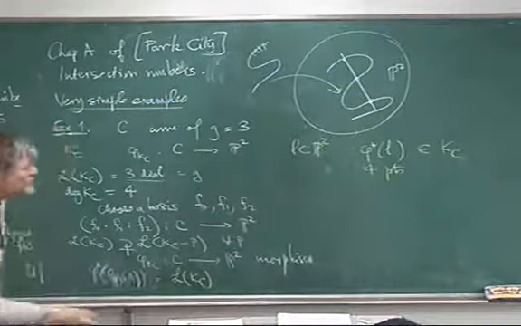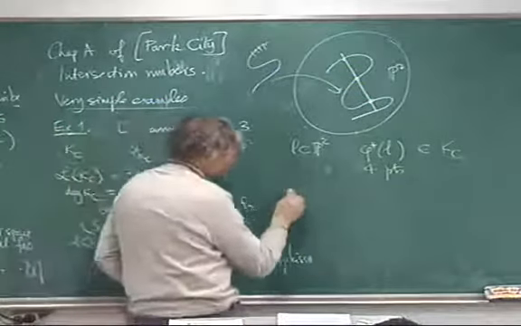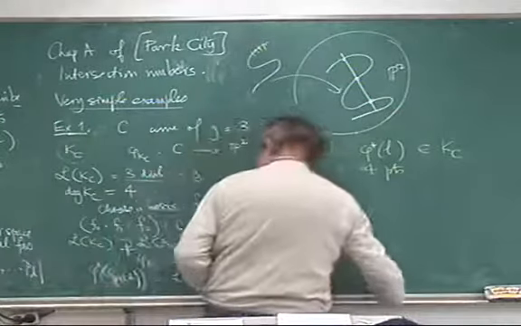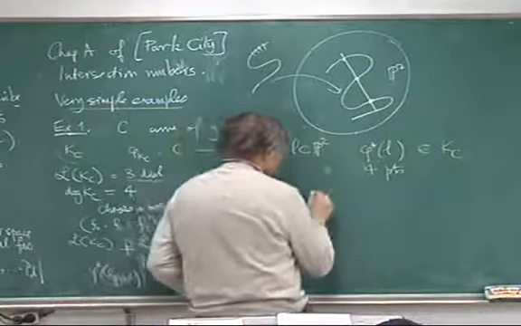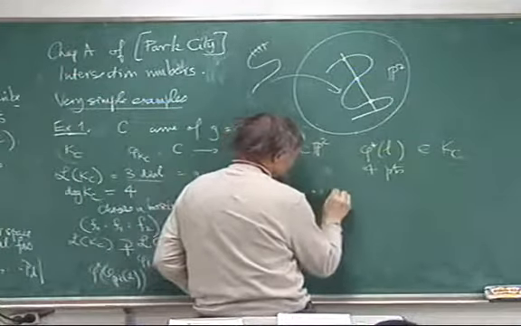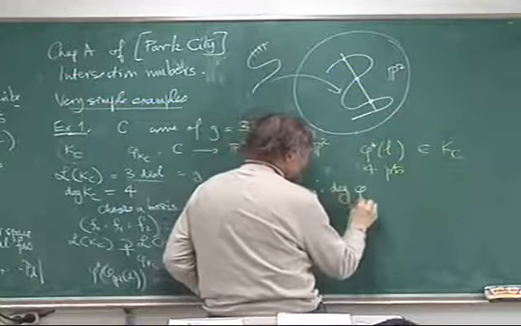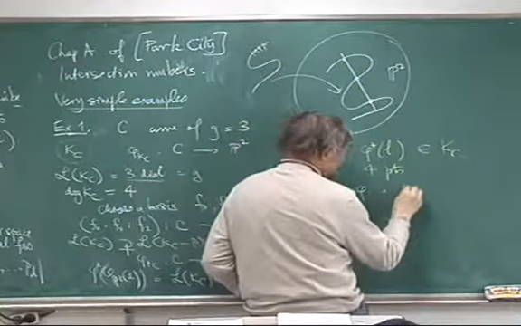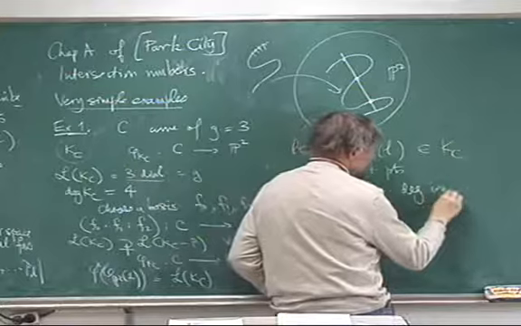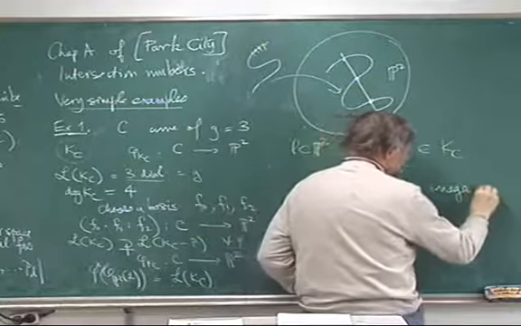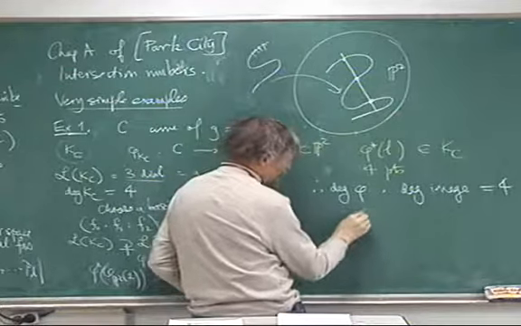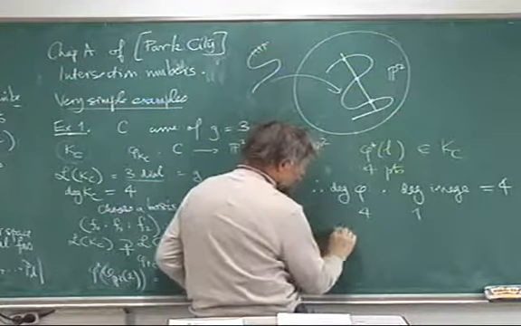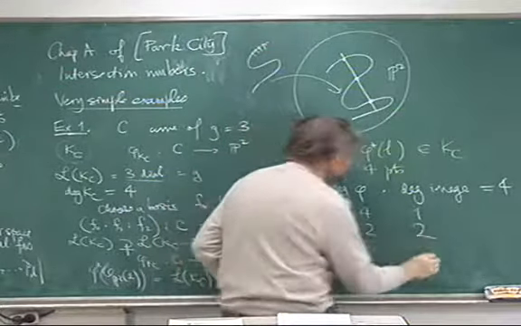And so it follows, therefore, the degree of phi times the degree of the image is 4, and there are only two cases. This is 4 and 1, or 2 and 2.